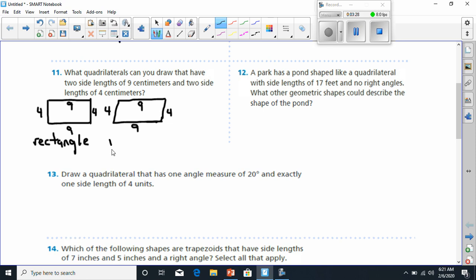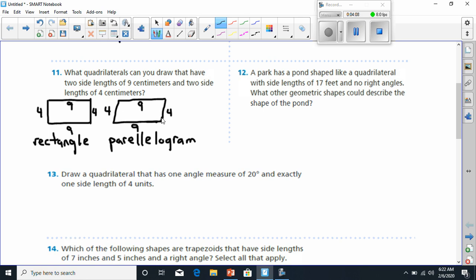We have a parallelogram. And, sorry, I had to check to see if I was spelling that correctly, and I wasn't. So parallelogram. Parallelogram. And then is there any other one that I can do?